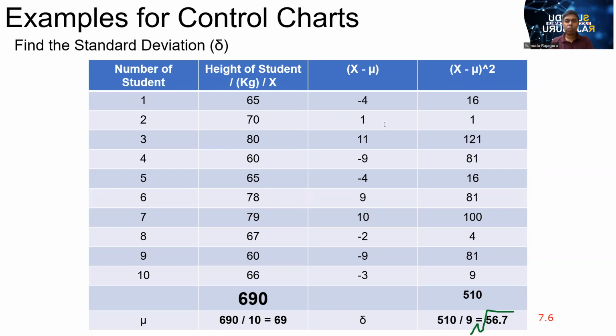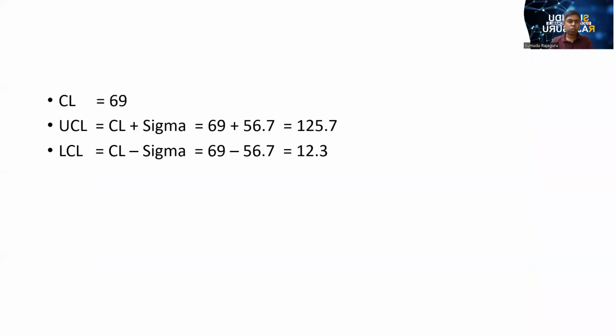Now we have to find the upper control limit and lower control limit. Here, we do not put 56.7; we have to put 7.6, because it is the square root value.